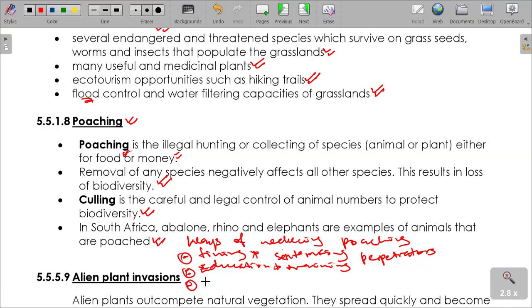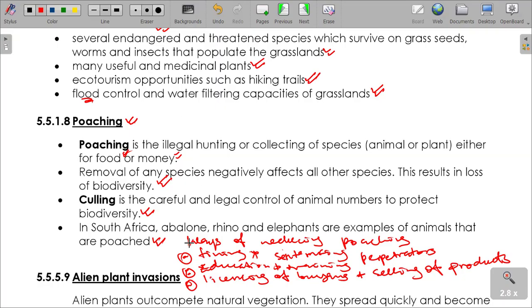We can talk about licensing of the buying and selling of products from endangered species. Licensing of buying and selling of products from endangered species is quite important.